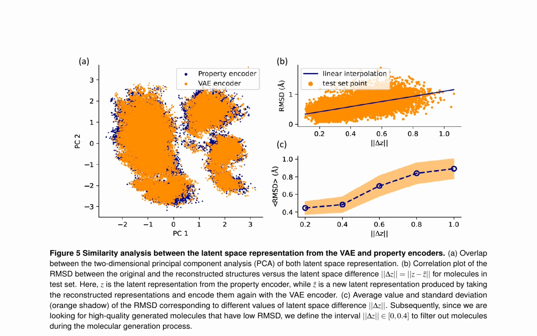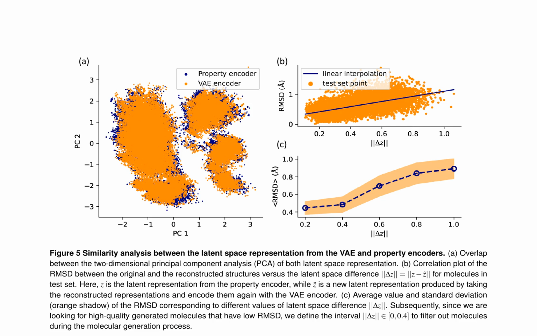The average value and standard deviation of the RMSD corresponding to different values of Δz are shown in Figure 5c. This analysis leads to the definition of an interval, Δz ∈ [0, 0.4], to filter out molecules during the molecular generation process.